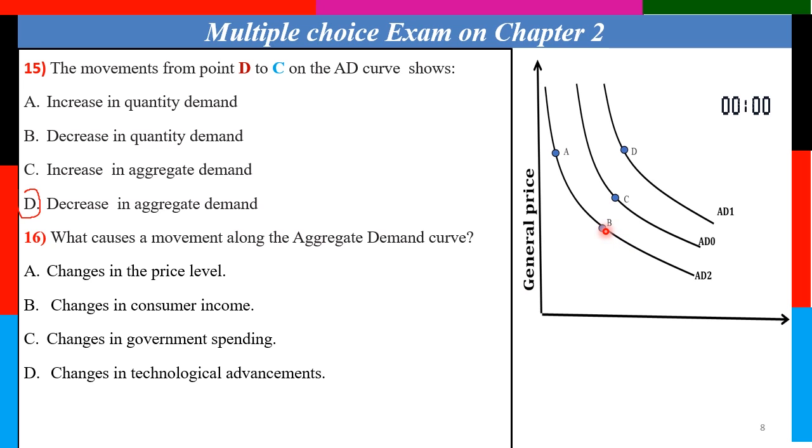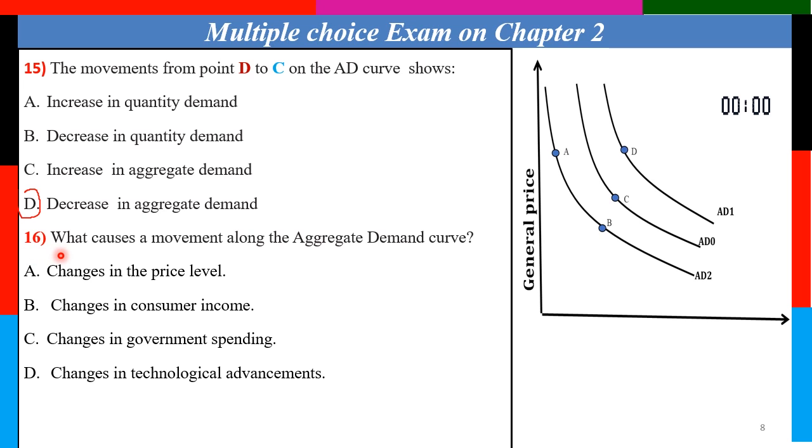Let's say, for example, from B to A, it shows decrease in the quantity demand. But the movement from D to C, the aggregate demand curve shifts to the left. It shows decrease in the aggregate demand.